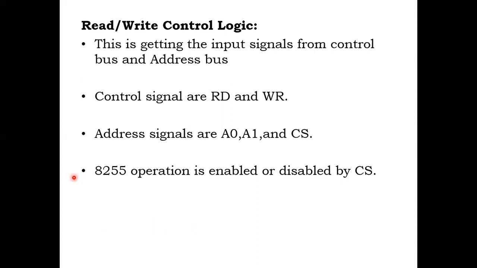This logic gets its input signals from the control bus and address bus. The control signals are RD and WR. The address signals are A0, A1 and CS. The 8255 operation is enabled or disabled by CS.